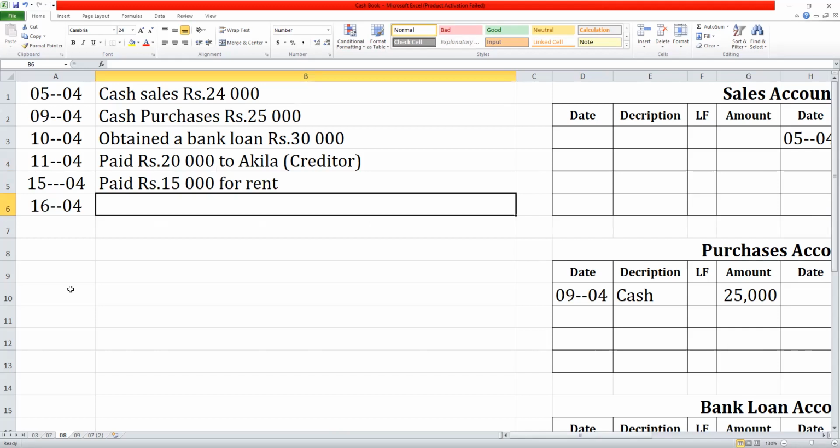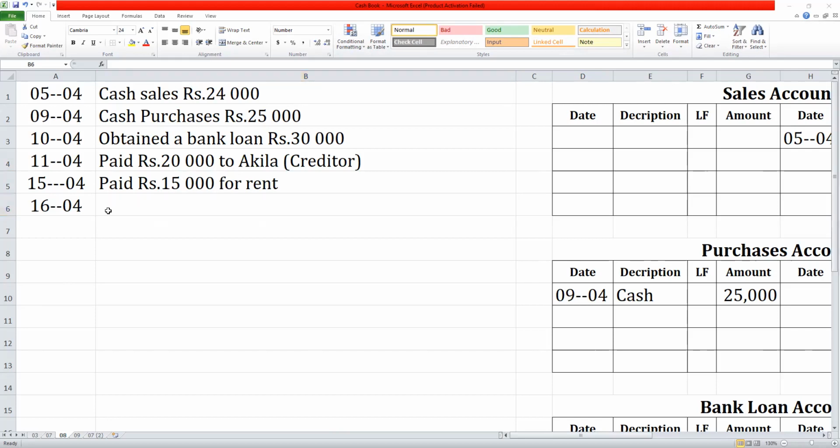Sometimes in a business there may be rent received and rent paid. You have to open two separate accounts. One is for rent paid, the other is for rent received. Good question, Duniti. One is an income account, the other is an expense account.